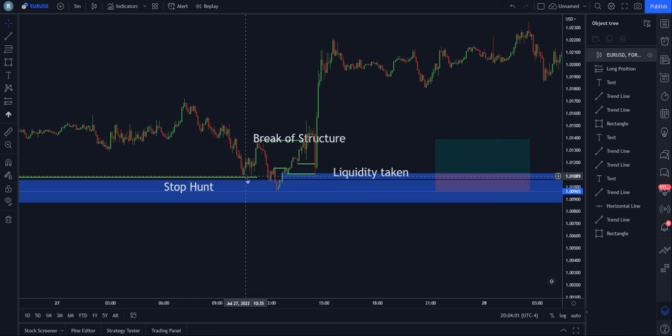If I see the stop punt and I see the break of structure, I'm now viewing this as a strong low. And if my bias is right, price should not run below this anymore. If it does, then I'm sitting on my hands and waiting for another setup because it's now become invalidated.